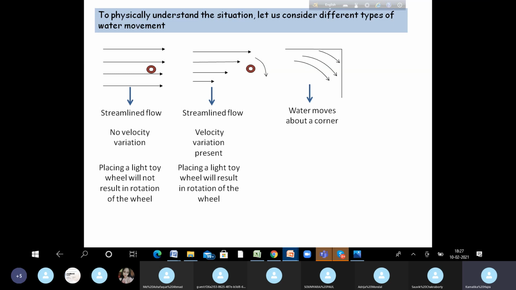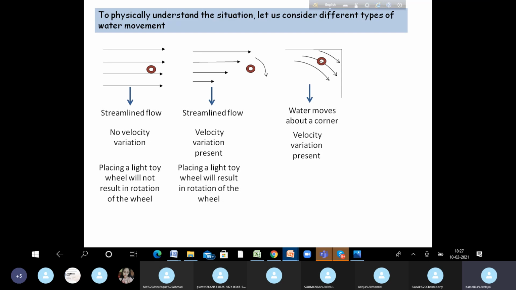There is evidently variation in velocity, and therefore if you place this wheel now over here, it will definitely rotate because there is a torque acting on it. The forces acting on its different edges are different, and therefore there will be a resultant torque which makes it move. In other words, the variation in velocity means that curl V is non-zero, and therefore that angular velocity will make the toy wheel move.